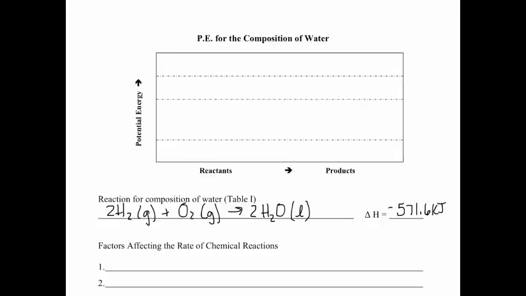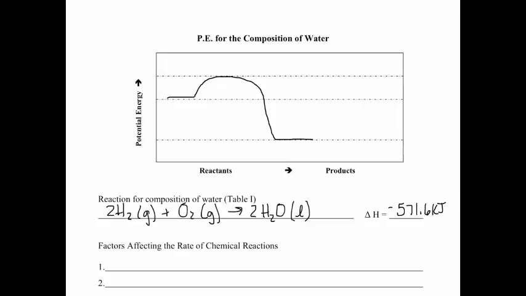So this time we're going to lose energy. Since we know we're going to lose energy, and you'll see we're going to lose that energy in the form of heat, that means we must be starting up higher, and we're going to have an activation energy again. So we're going to need to activate the reaction, and then we'll come down to our products.